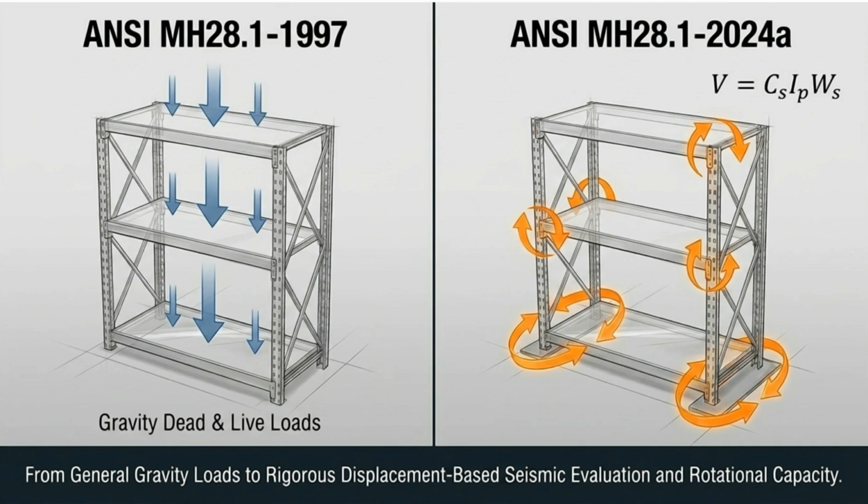This philosophy has evolved with the standard. The 2024 A revision of MH28.1 moves beyond gravity loads alone and incorporates displacement-based seismic evaluation and rotational capacity. That evolution reflects what testing has shown about how these structures actually behave.